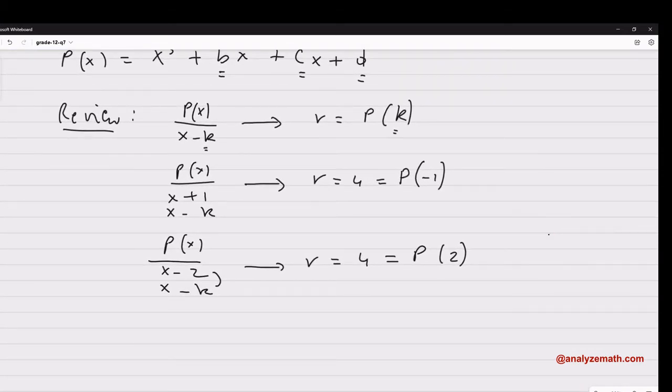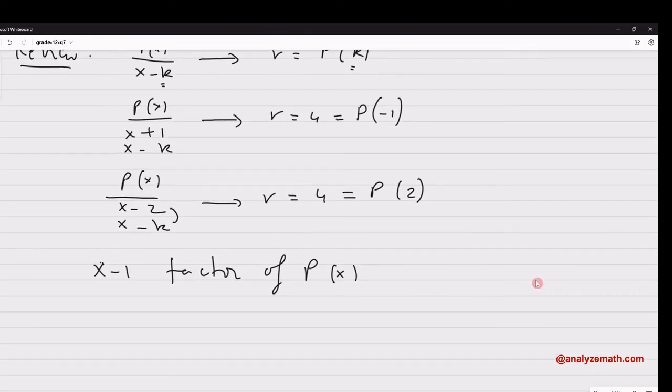Now factoring. So we review again factoring. Now if I tell you that x minus 1 is a factor of p of x, that means that I can write p of x as x minus 1 times a certain polynomial plus a remainder equal to 0.